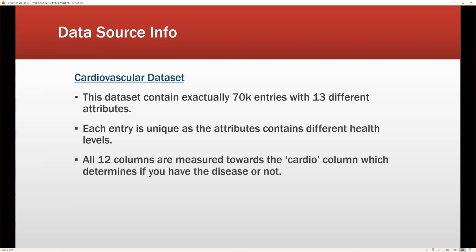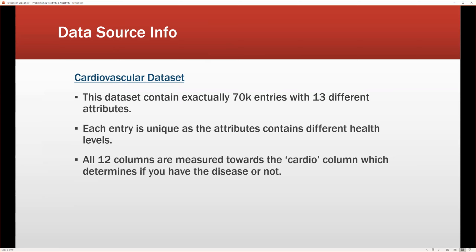Each entry is actually unique to its counterparts, so not one entry is the same. Each entry does contain different health levels. For an example, your cholesterol level could be a 3, your weight in kilograms could be 120, as well as you being diagnosed with a 1, meaning positive, of having cardiovascular disease.